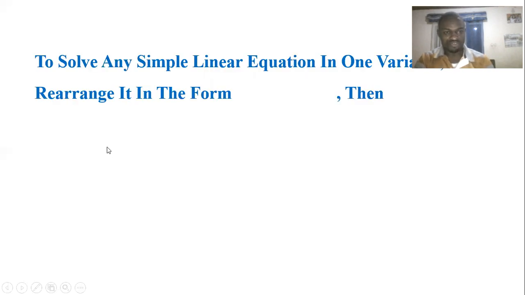Now, before we go into solutions of those examples, we should first of all look at the rule used in solving simple linear equation, which is to solve any given linear equation in one variable, rearrange it in the form ax plus b equals c. Then, when that is done, you check the following.